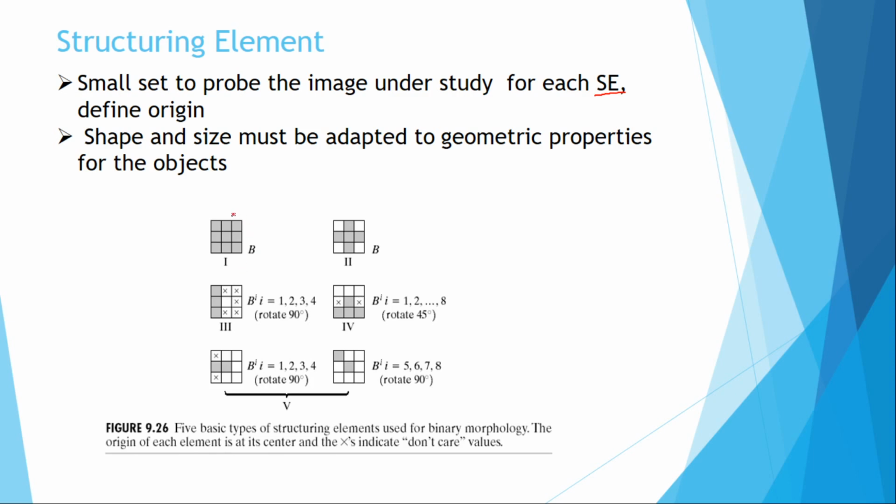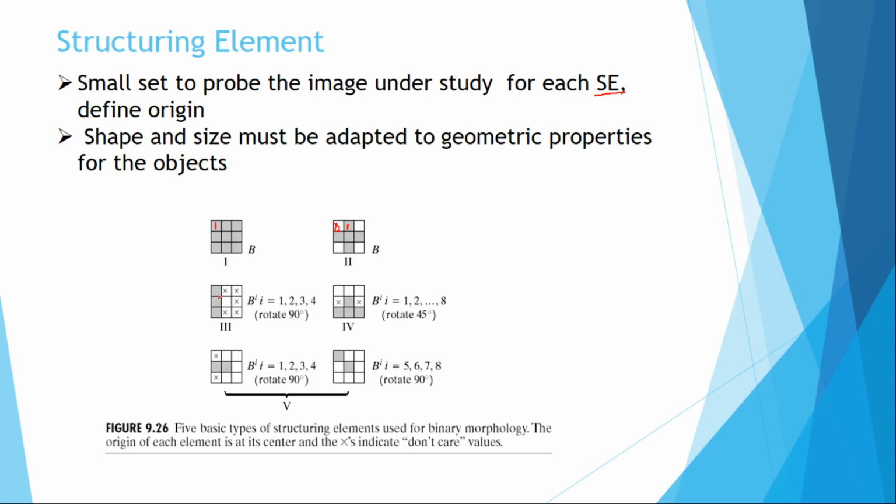How can they have values? These are the basic ways. These are not the only scenarios; we can consider any way depending upon our application and purpose, but normally I am representing the basic ways over here. This is the first structuring element. All the cells are fully filled, nothing but all the values in the structuring element are 1. In the second case, some of the cells are filled and some are not filled. Filled cells are 1s and non-filled cells are 0s.